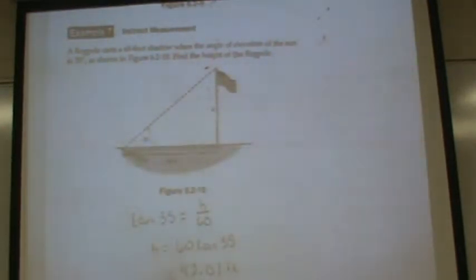Again, this is exactly like the problems that we did yesterday. Solving for H, you get that H is approximately 42.01. So the height of the flagpole is approximately 42.01 feet.